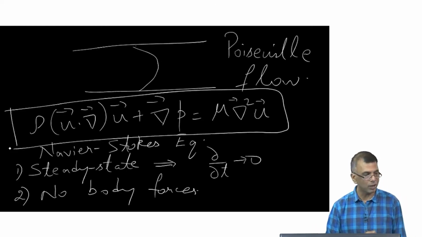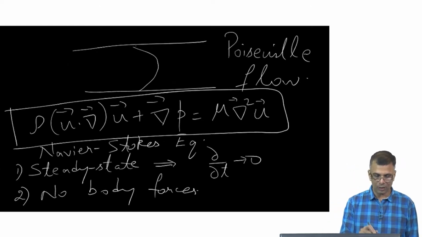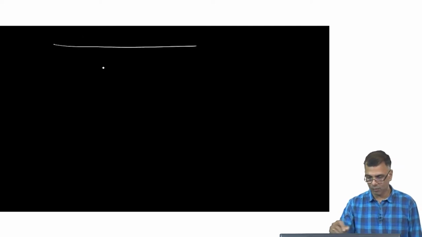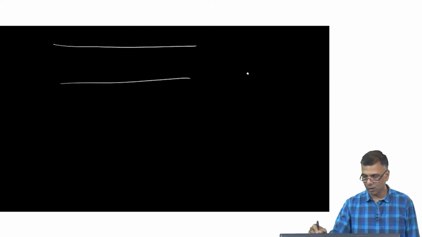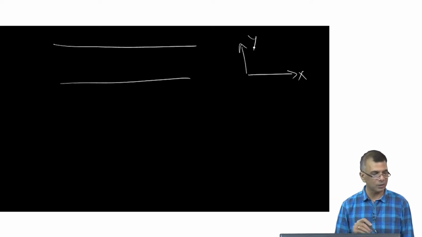So that's what this equation describes. Let us say that the velocity here is described by, let me draw this again. Okay, this would be the x-axis and this would be the y-axis.